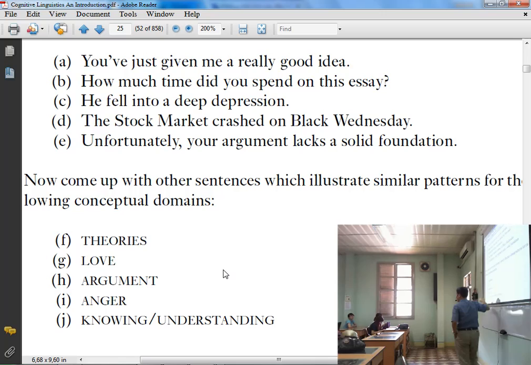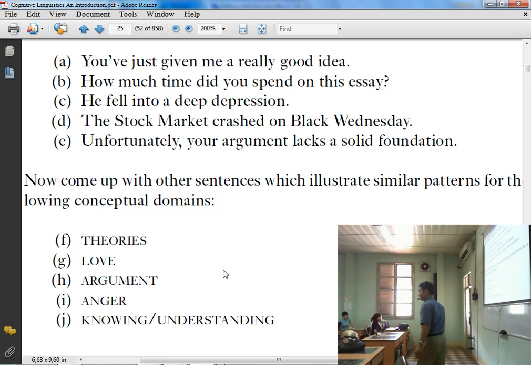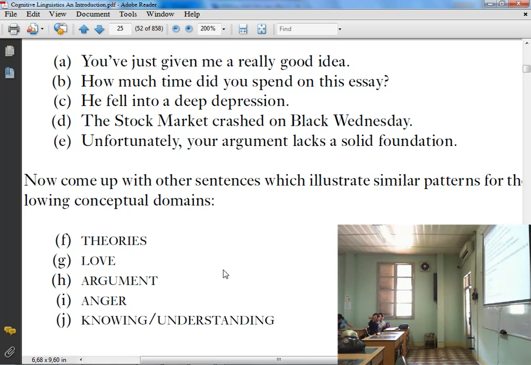And in part B, I need you to find out similar expressions or examples to illustrate the concepts. You can do it in both English and Vietnamese. You can find examples in English or in Vietnamese, or in other languages, but basically English and Vietnamese is better.